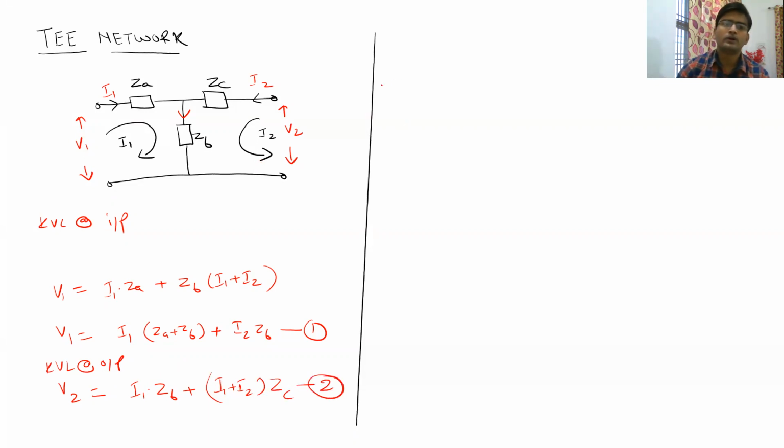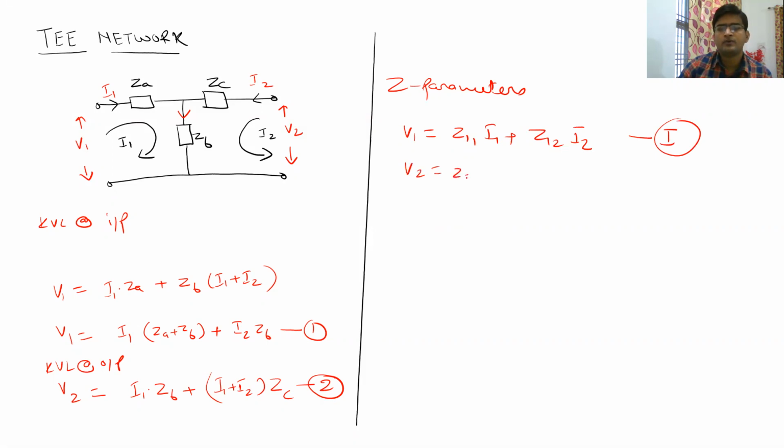So you know that for Z parameters, you have equation V1 is equal to Z11 I1 plus Z12 I2 as your equation 1, and V2 is equal to Z21 I1 plus Z22 I2. This is your equation 2.